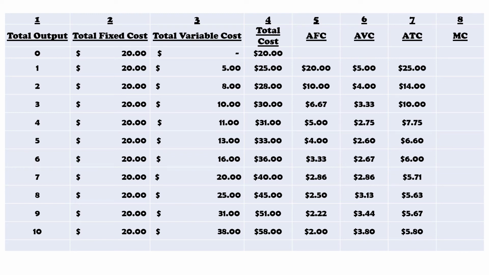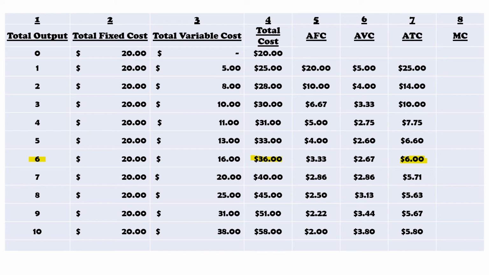So we go down to 6 units of output. The total cost is 36. 36 divided by 6 would be 6 for the average total cost.